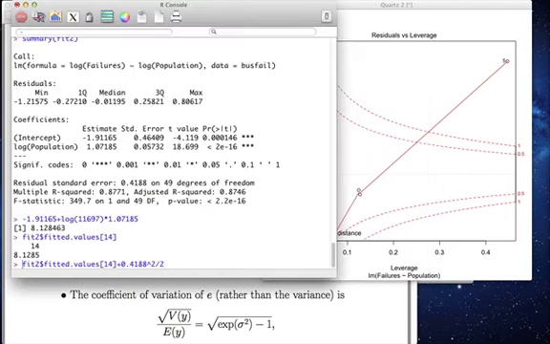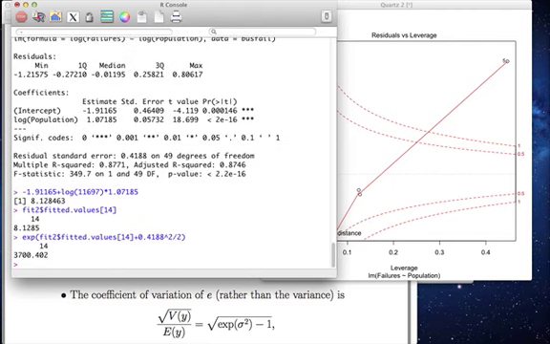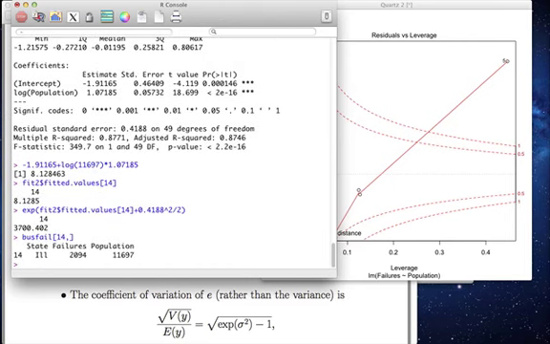Now I need to exponentiate this whole thing. And so 3,700 is my predicted value, whereas the observed value, BizFail sub 14, was actually substantially lower. So Illinois had fewer failures than we would expect under this model.